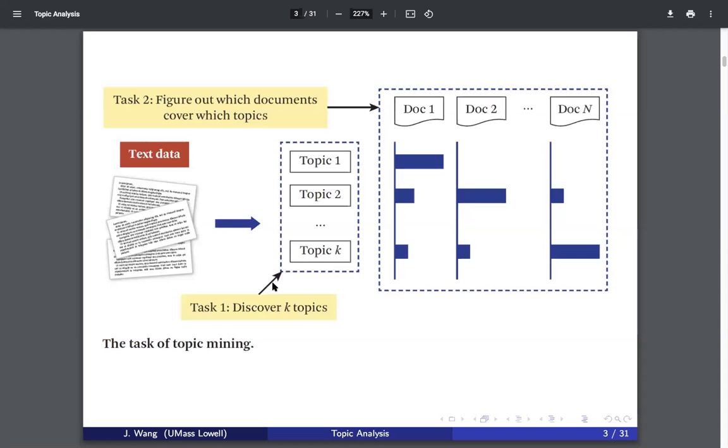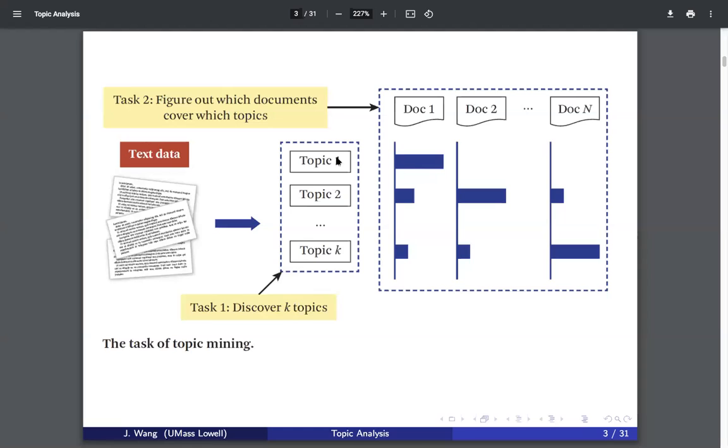Now let's look at the task of topic mining. We talked about what it is about, so what is it doing? I have this text data set and I want to label each document. Now look at this picture: I have N documents and say K labels, and according to some measure of each topic, either how many words are in the topic or some probability distribution, you come up with this.